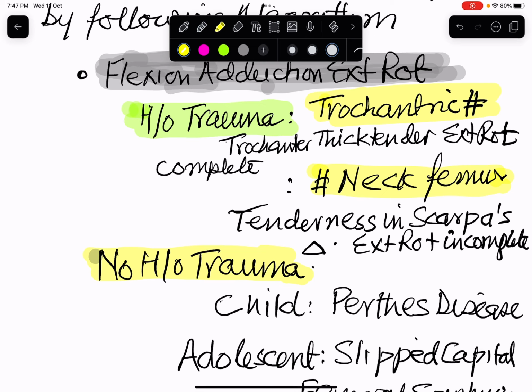In a fractured neck of femur, you have tenderness in the Scarpa's triangle and external rotation is not complete because the fracture is intracapsular and the capsule is attached to the distal fragment. So flexion, adduction, external rotation, with history of injury: trochanteric fracture, fracture neck of femur.